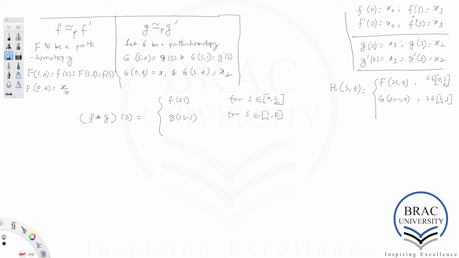So now I write this to be equal to F(2s, 0) when s belongs to this interval, and g(2s minus 1) is big G(2s minus 1, 0) when s belongs to this interval.